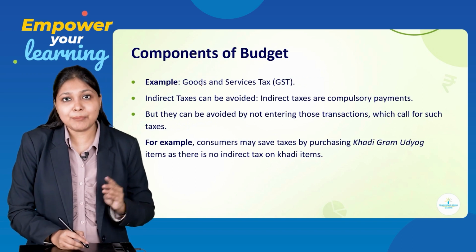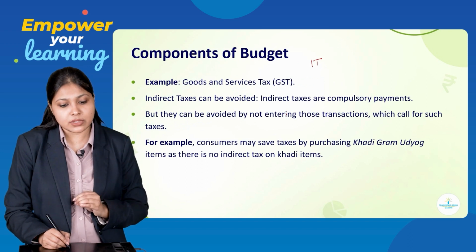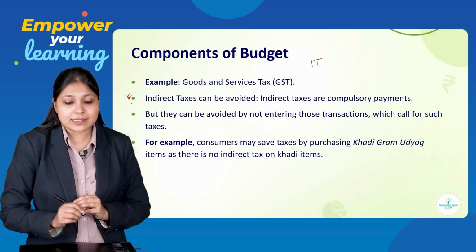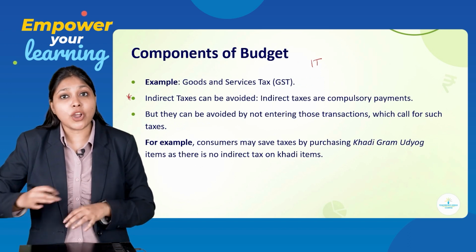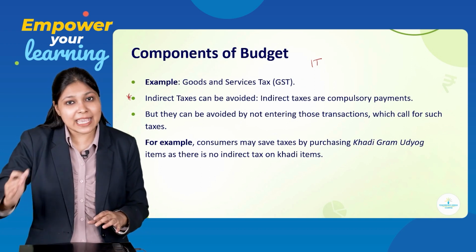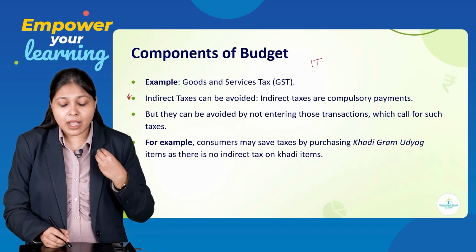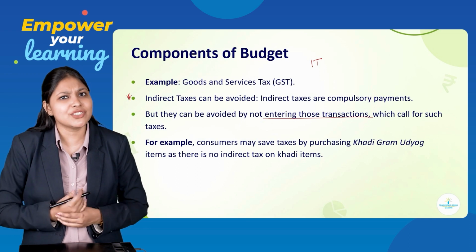The best example of indirect tax is GST, goods and services tax. Now, a very important and very interesting thing: indirect taxes are not compulsory. Yes, anybody can escape from paying indirect taxes. They can be avoided by not entering into the transactions which call for such taxes.